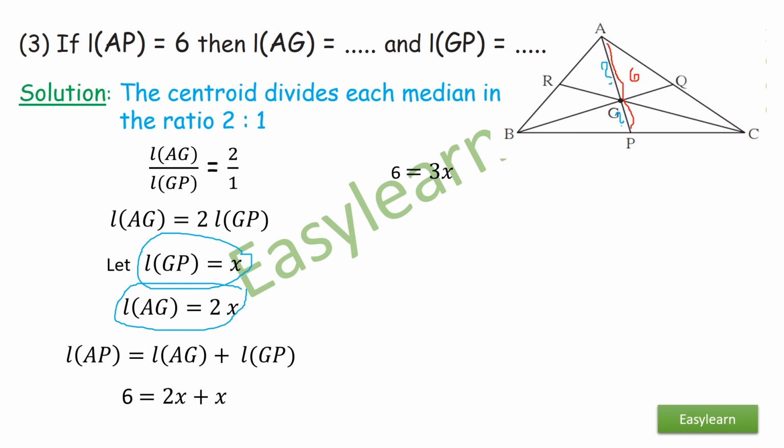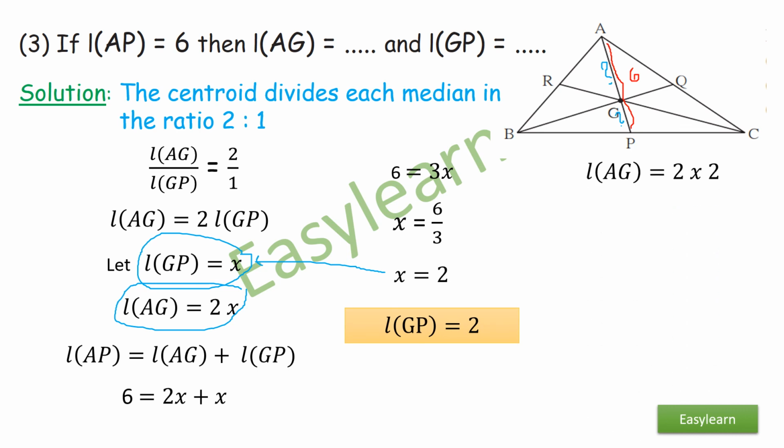That is 6 is equal to 3x. Therefore x is equal to 6/3, that is x is equal to 2. But now what is x? x is GP. Therefore length GP is equal to 2. What is AG? AG is 2x, that is 2 into 2. That is AG is 4.